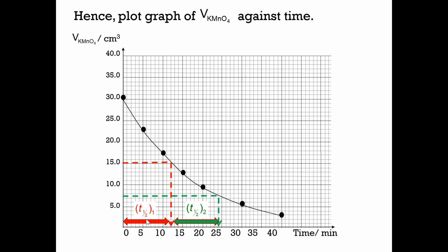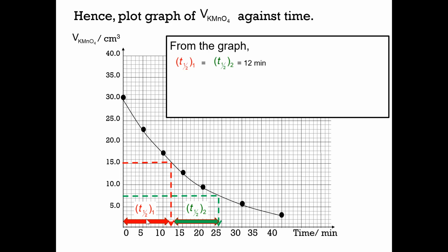The half-life is the time taken for it to be half. So take note of the green part where my second half-life is. It doesn't start measuring from 0. It is actually measured for the duration for it to drop to that half. Okay, so please take note. Note how I label the two half-lives because I needed to differentiate the first and the second half-life. So I use a bracket and a subscript.